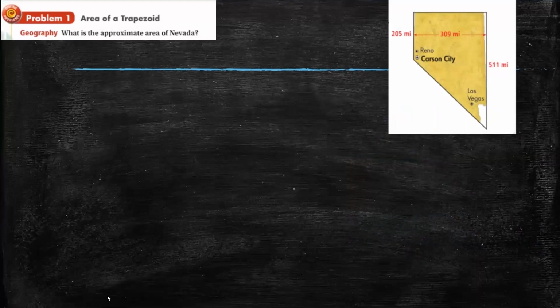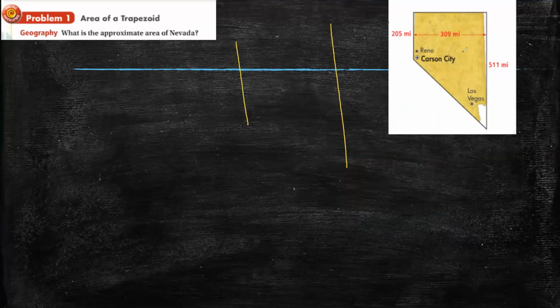Now, let's do problem number 1. In problem number 1 here, we have to find the area of the trapezoid. Here we have Nevada. Its shape is a trapezoid. We have to find the area of this state. Here now, it's like this.